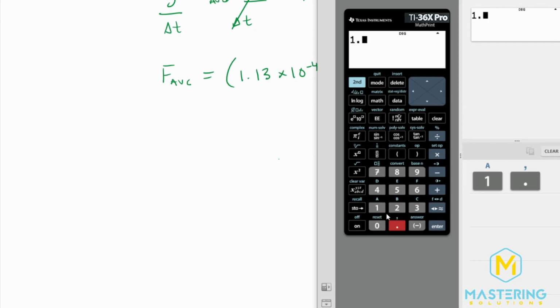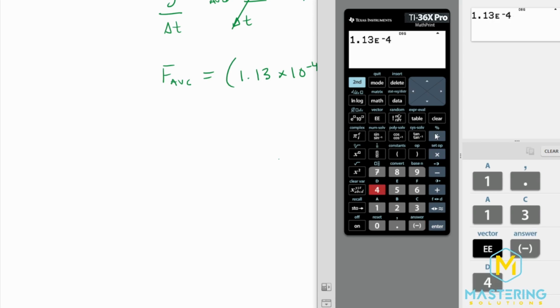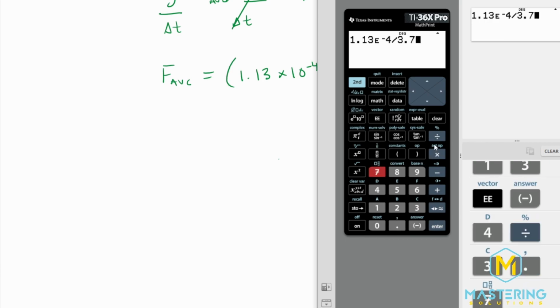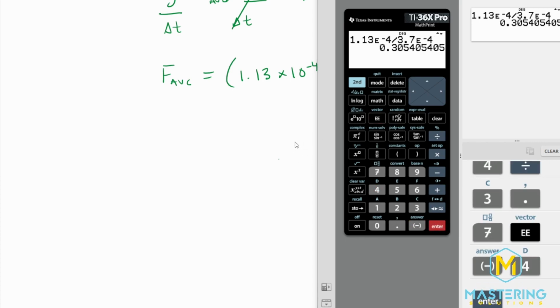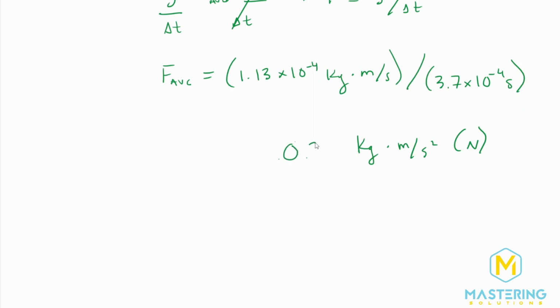So we have 1.13 times 10 to the negative 4 divided by 3.7 times 10 to the negative 4, which gives us 0.31 kilograms times meters per second squared, or newtons, as the average force.